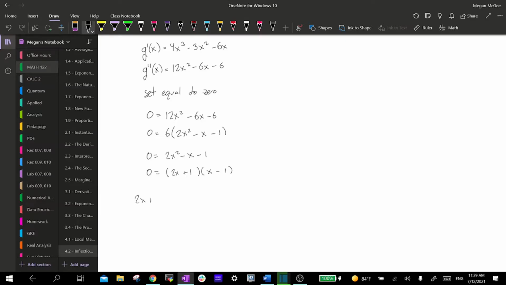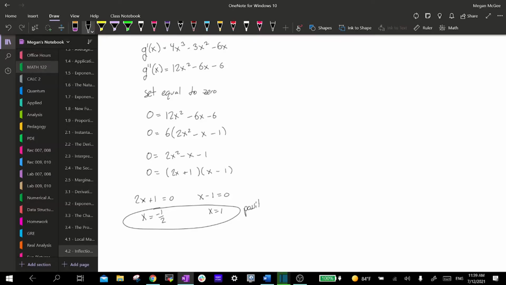So we have 2x plus 1 equals 0, and also x minus 1 equals 0. So on the left-hand side, we'll subtract 1, and then divide by 2, so x is negative 1/2. And on the right-hand side, we'll add 1, so x is equal to 1. Alright, so these are possible inflection points.